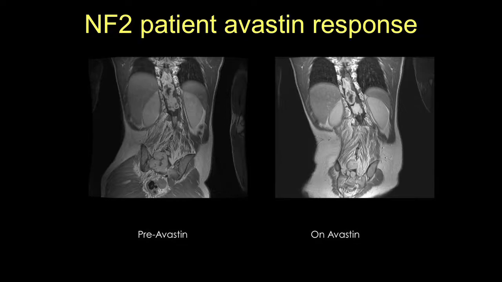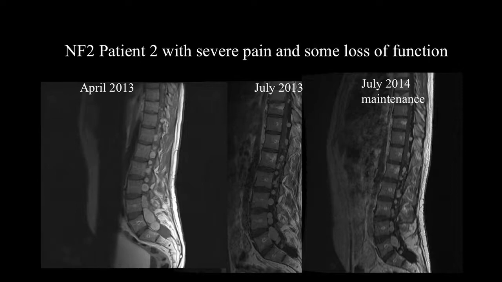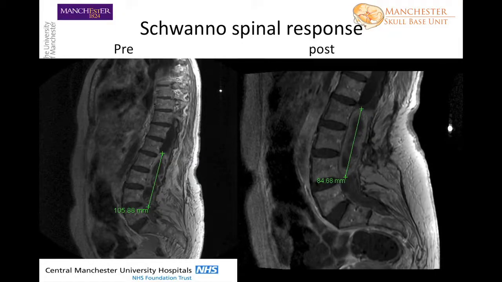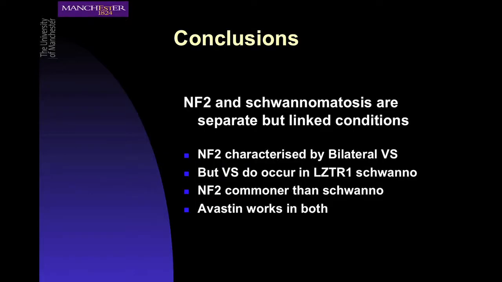So occasionally you get these almost miracle stories. This is another guy. You can see big tumors here that have all shrunk on Avastin treatment, and he had huge, terrible amounts of pain, and he has again responded to that. And this can occur in schwannomatosis as well. This is a schwannomatosis patient who had a very big reduction in the size of her schwannomas. It doesn't work for everyone and needs to be done on a case-by-case basis, but there are potential indications for it.